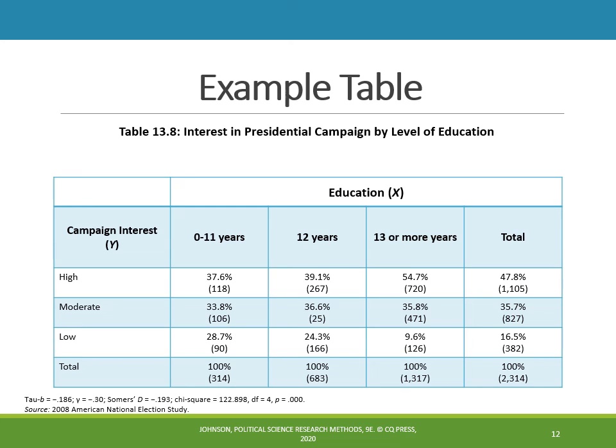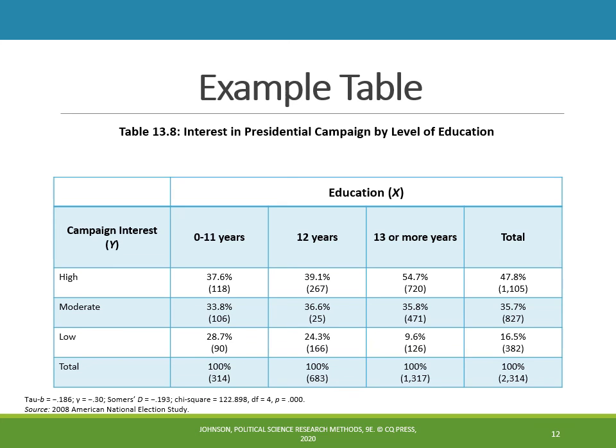Now let's look and see who has the lowest interest in campaigns. The lowest interest in that row is 28.7%, and that goes to the group that has 11 years or less of education. And if we look at the moderate column, we see that those around 12 years of education have a moderate interest in campaigns.